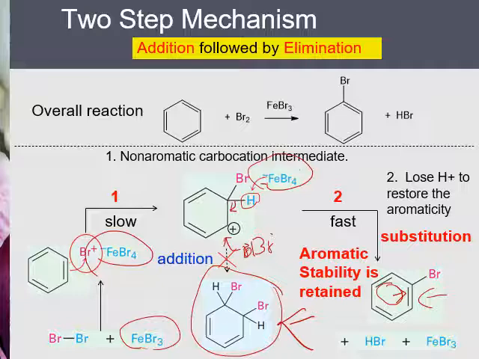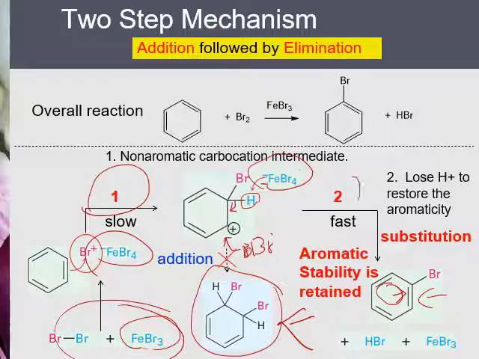So comparing aromatic substitution reaction with alkene electrophilic addition reaction, the first step is similar, except you need an activation step by catalyst. Both form carbocation. The major difference is the second step.